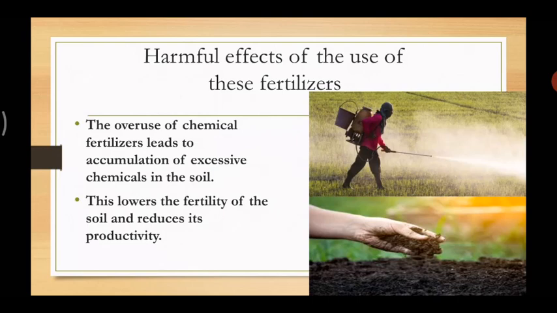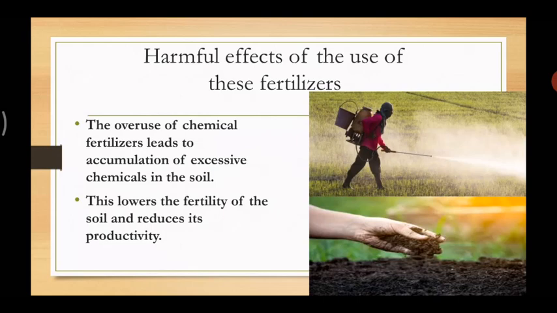The natural fertilizers. Why? We are getting them from nature, and in chemical fertilizers, chemicals are being added. So the overuse of chemical fertilizers, overuse means if you use more of chemical fertilizers, it leads to accumulation of excessive chemicals in the soil. If you put lots of fertilizers in the soil, it reduces the fertility of the soil, then that soil won't be rich for growing.